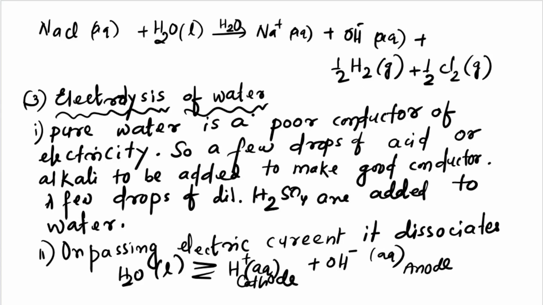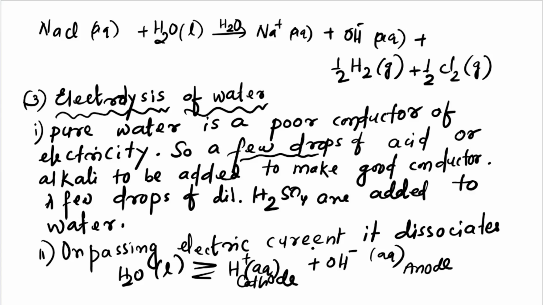The next point is electrolysis of water. How does electrolysis of water take place? Actually, we know pure water is a poor conductor of electricity. So what to do? You add a few drops of acid or alkali, then it becomes a good conductor. A few drops of sulfuric acid added to water gives a good result.